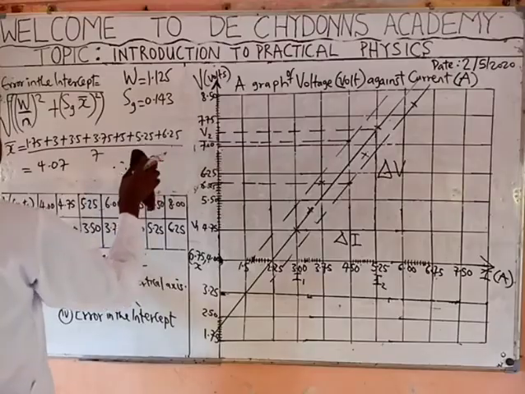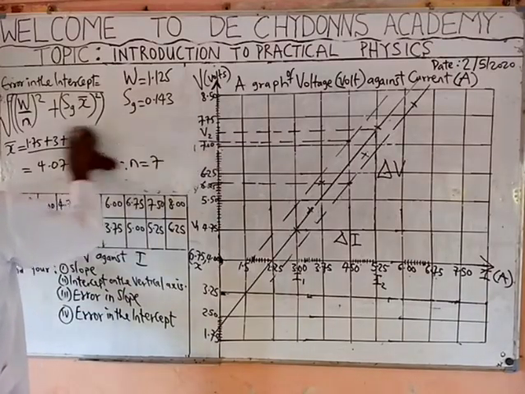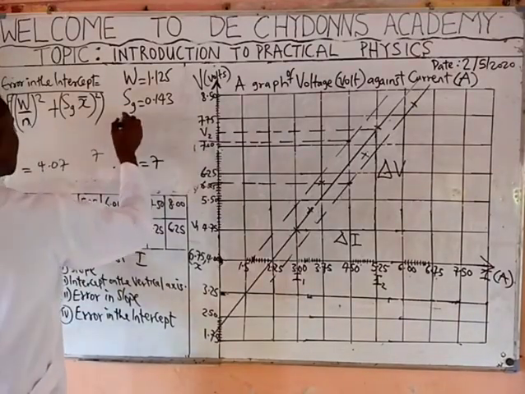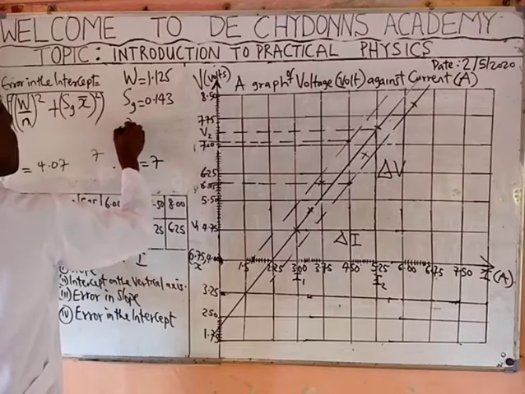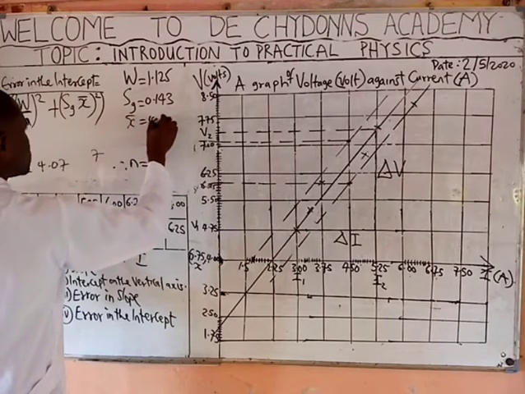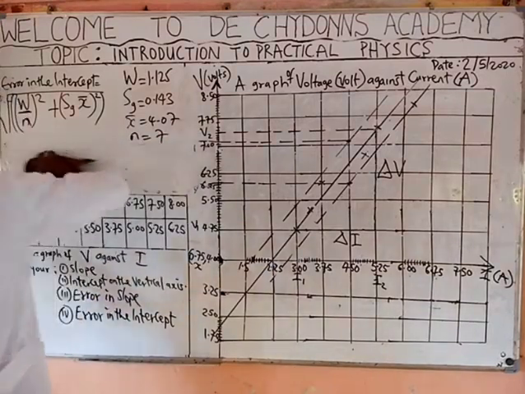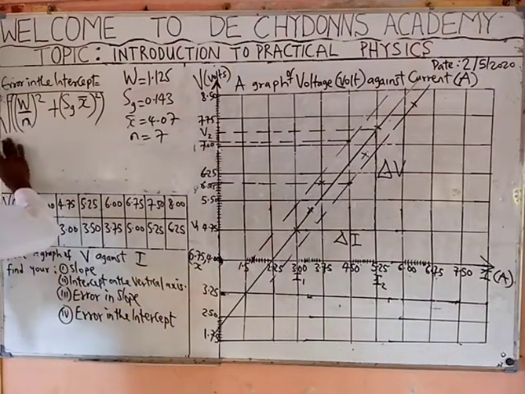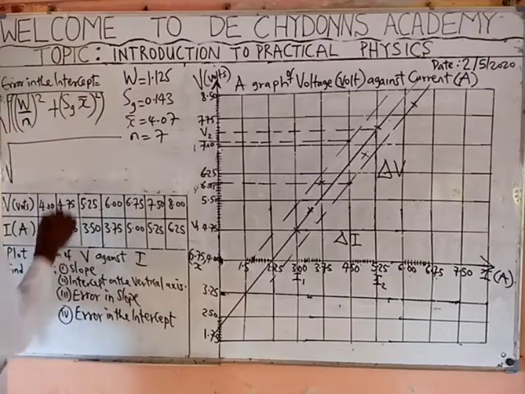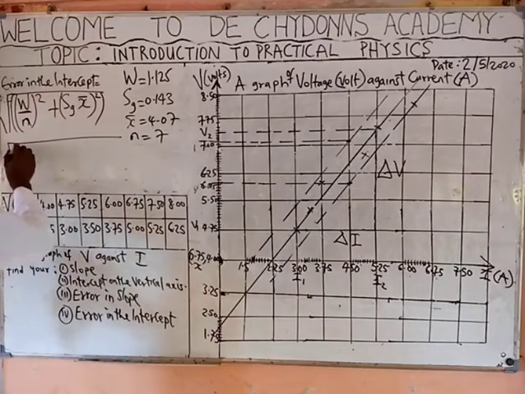Now when we put it, see what we'll be having. We say that our mean is equal to 4.07 and our n equals 7. So we'll be having the square root of, what is our W?